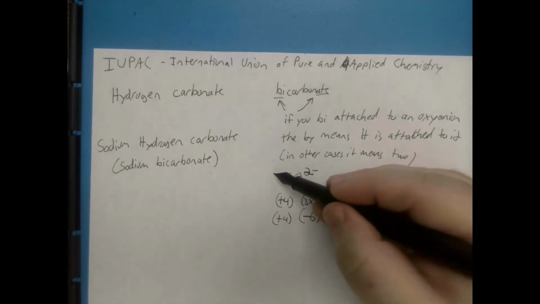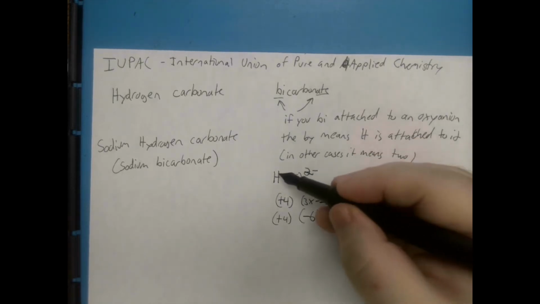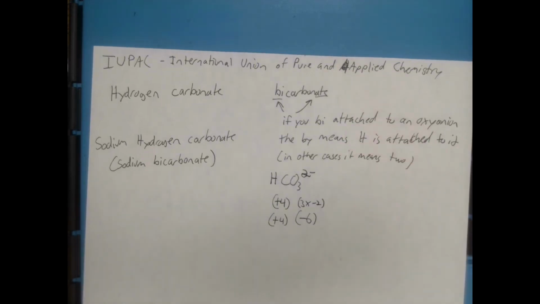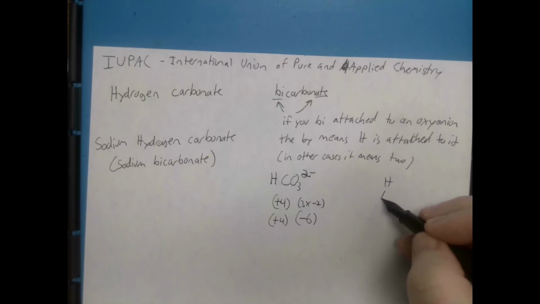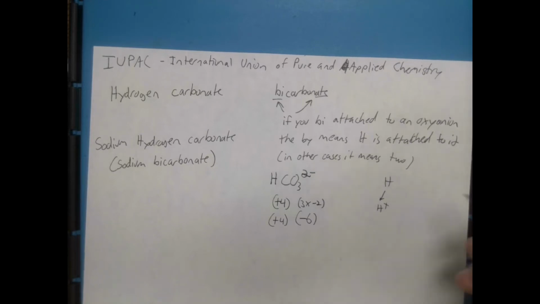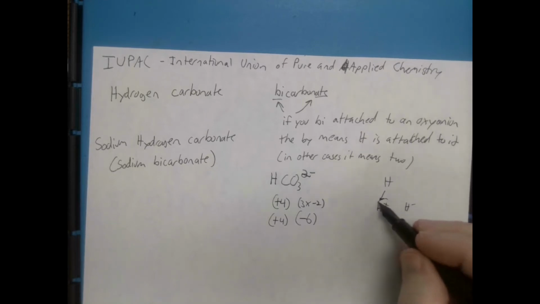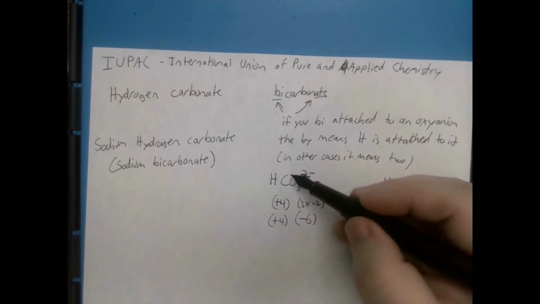When you add hydrogen, what charge does hydrogen normally have by itself when it's an ion? Hydrogen normally becomes what ion? H plus. It can be H negative, but it's usually H plus.